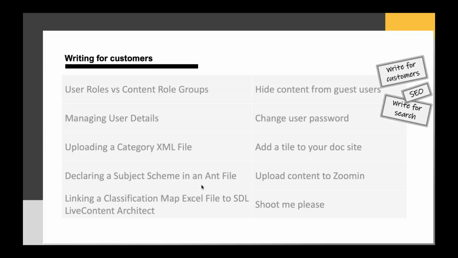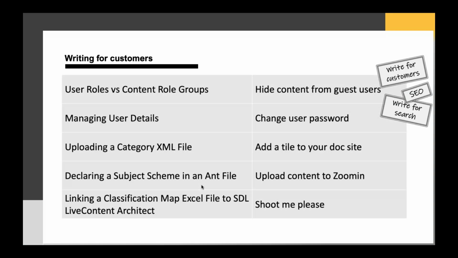So when it comes to writing for customers, we'll take these old titles, these titles that are currently there, we'll try to come up with some different ones. So here, for example, user roles versus content role groups. What might I be thinking about on my way into work? Well, I might be thinking about hiding some content from guest users. Or maybe I'll type in the word permissions, okay?